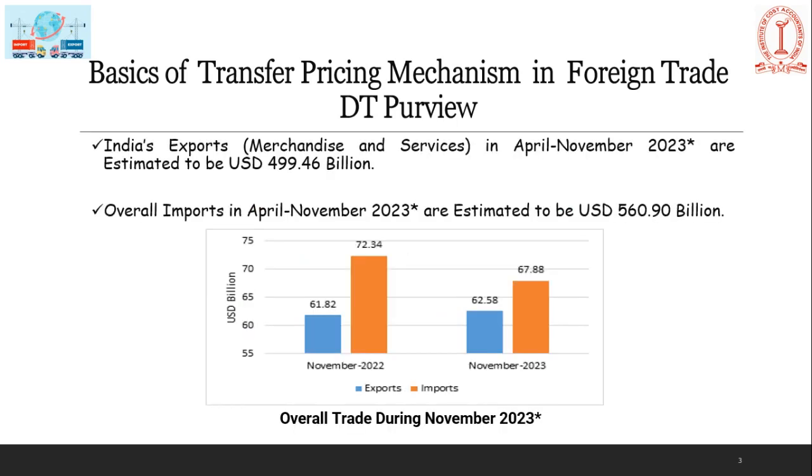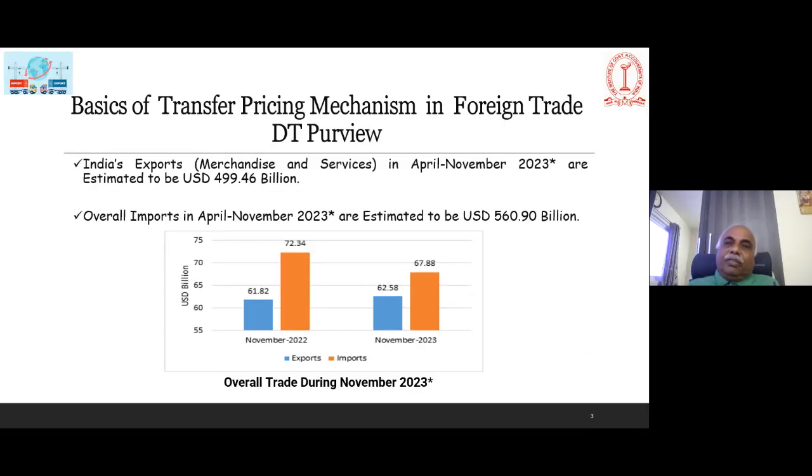If you see India's exports, particularly merchandise and services, whether the manufacturing sector or the service sector, both exports and imports are increasing year on year. But at the same time, a negative balance of trade is also arising. Take for example India's merchandise and services exports for April to November 2023: USD 499.46 billion.